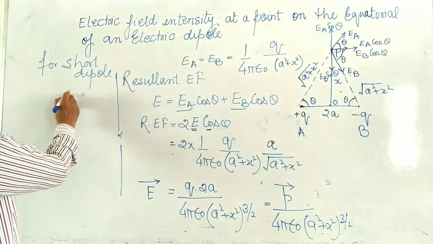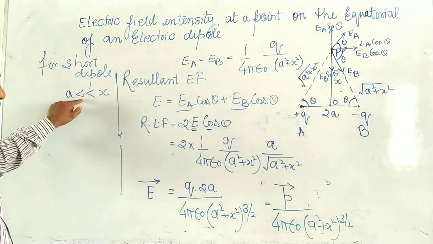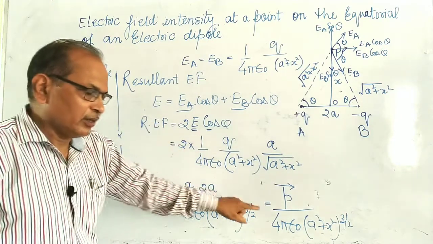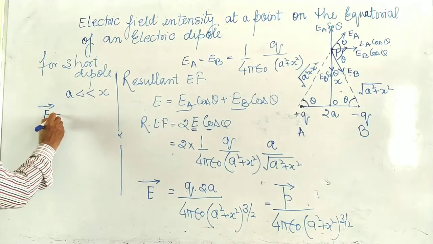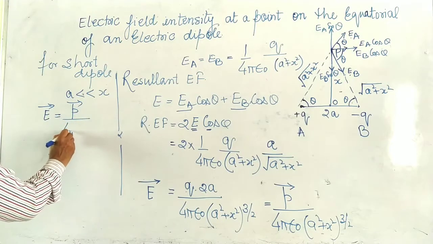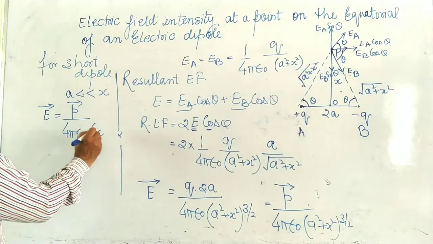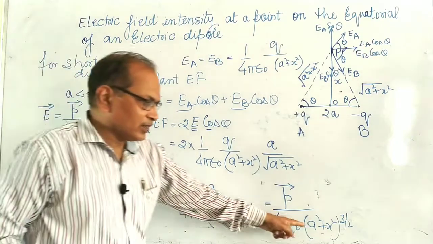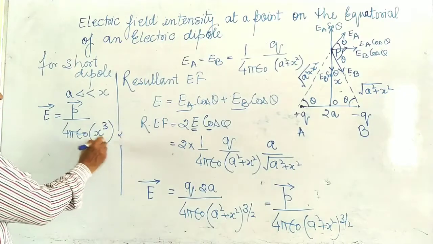That is, a is very less than x. If you substitute this value over here, then the net electric field E can be written as P vector upon 4 pi epsilon naught, only x square. a is very less, x square power 3 by 2, so it will be x cube only.